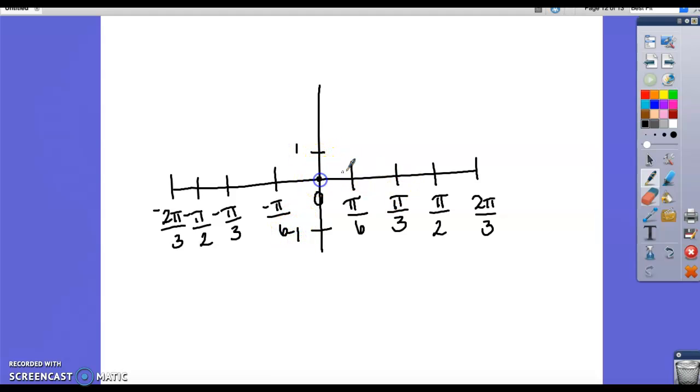So I start at 0, I go up to my max, midline, min, midline, same thing in the negative direction, min, midline, max. Okay, and so it looks like that.